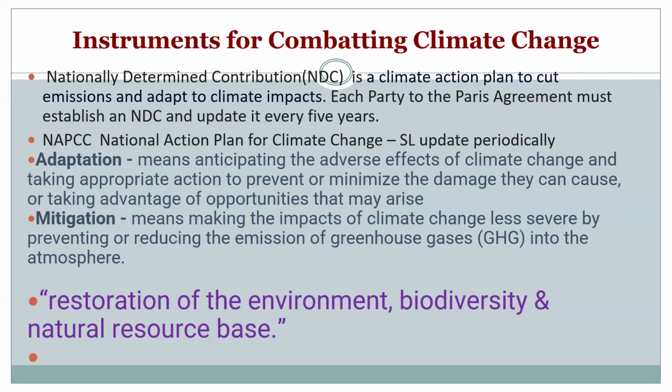So you can see now, Battaramulla area is a heat island because a lot of buildings have come up. Built environment has expanded. Restoration of the environment, biodiversity, and natural resource base are the key mitigation efforts.